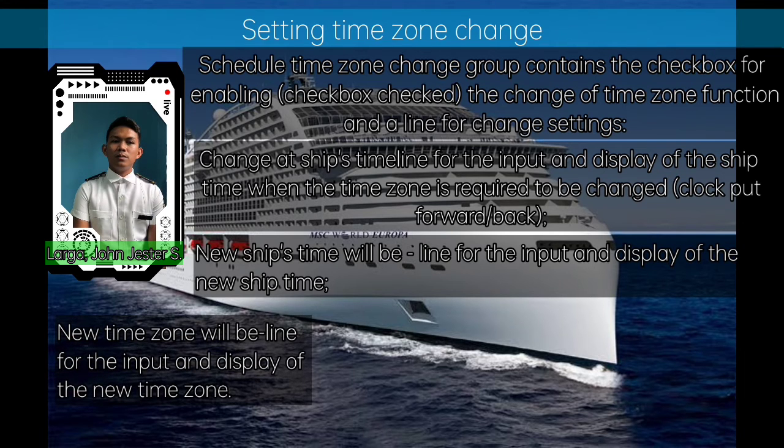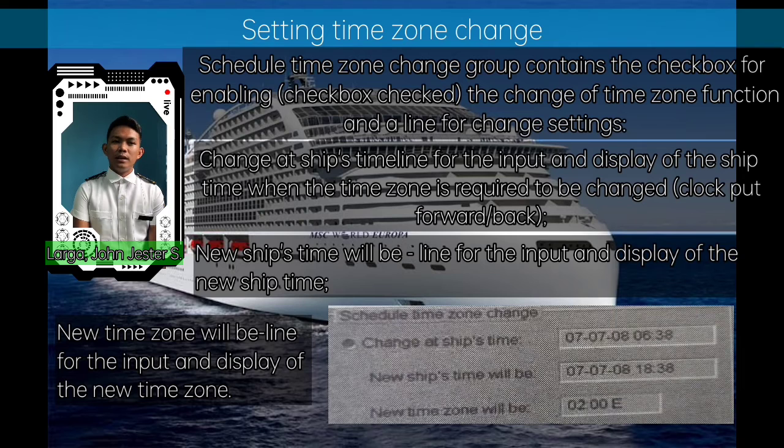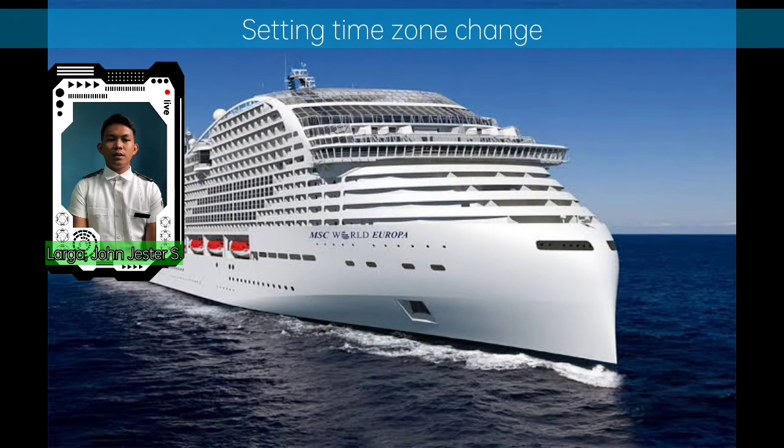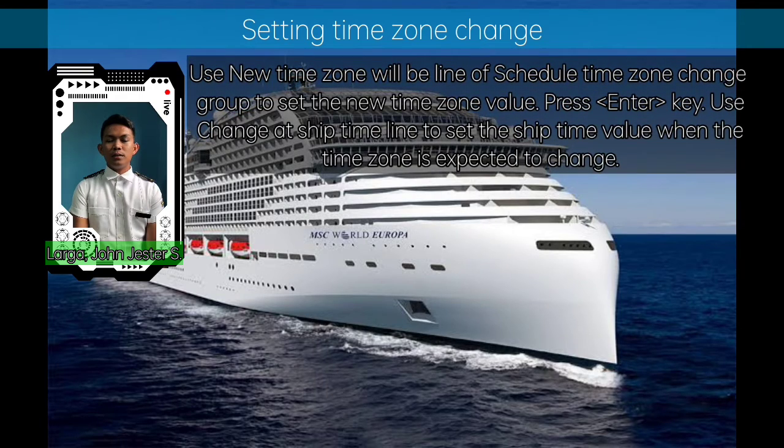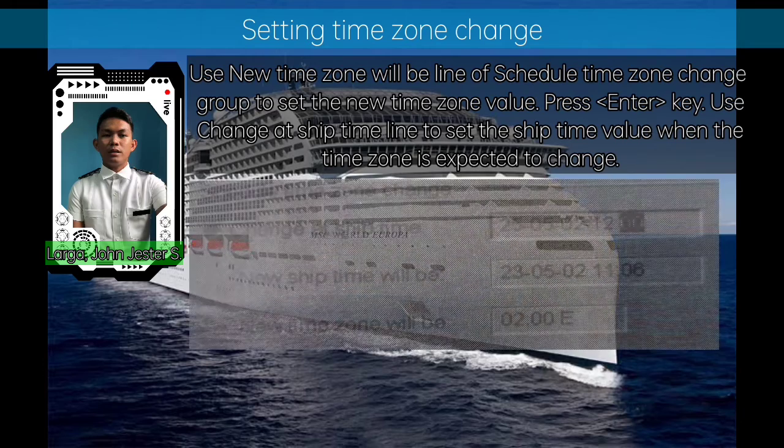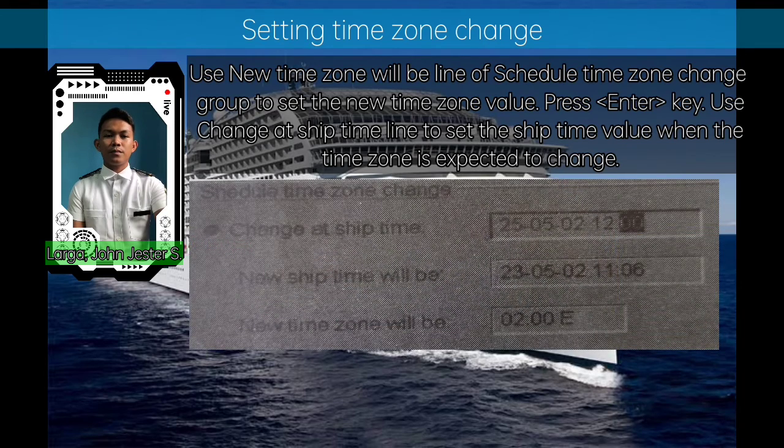New time zone will be line for the input and display of the new time zone. Use new time zone line in schedule time zone change group to set the new time zone value. Press enter key.